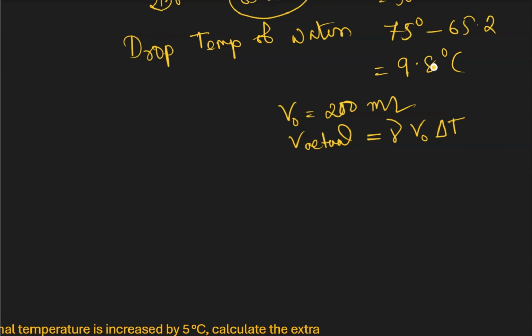Now let's plug in the values: gamma is 50.1 times 10 to the power minus 6, the initial volume V naught is 200 milliliter, and the change of temperature for water is 9.8.